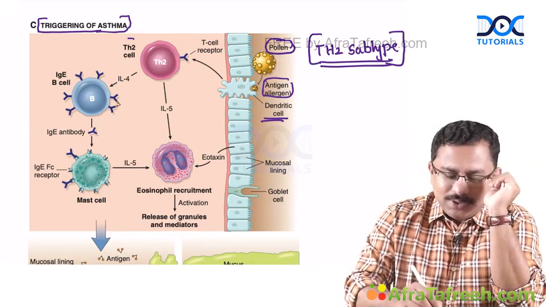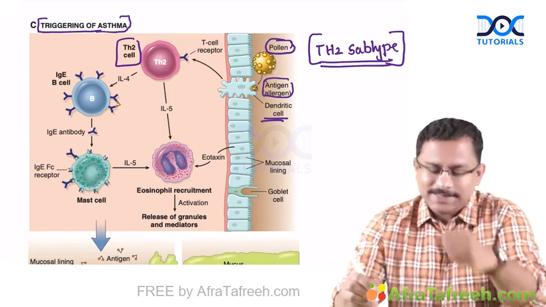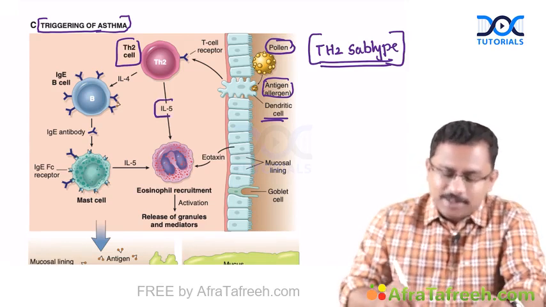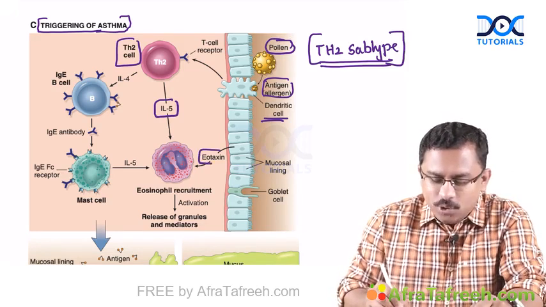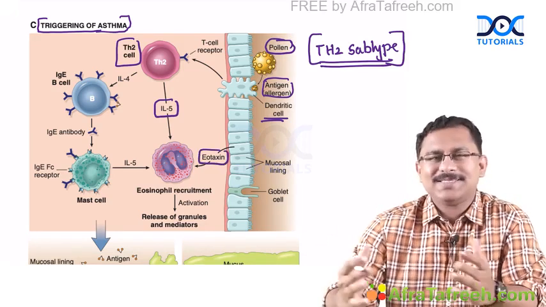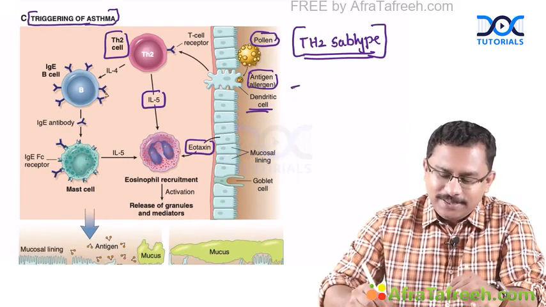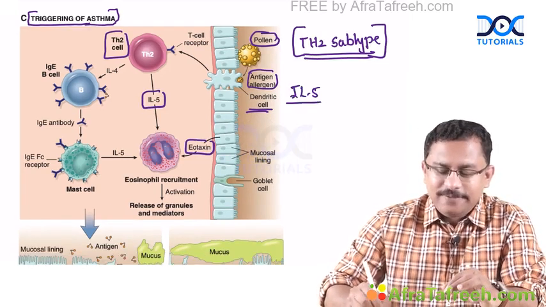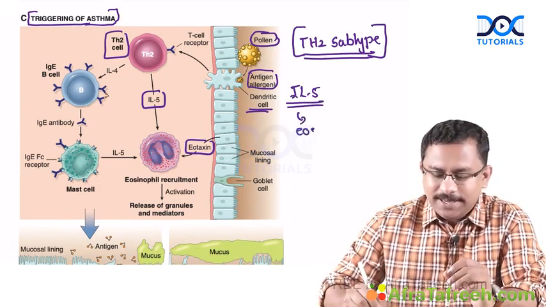Now when the Th2 cells are activated, it results in the release of interleukin 5 as well as eotaxin. This interleukin 5 is a very potent eosinophil activating cytokine.